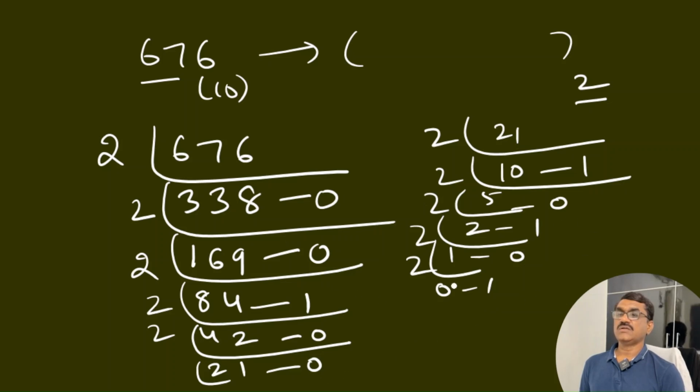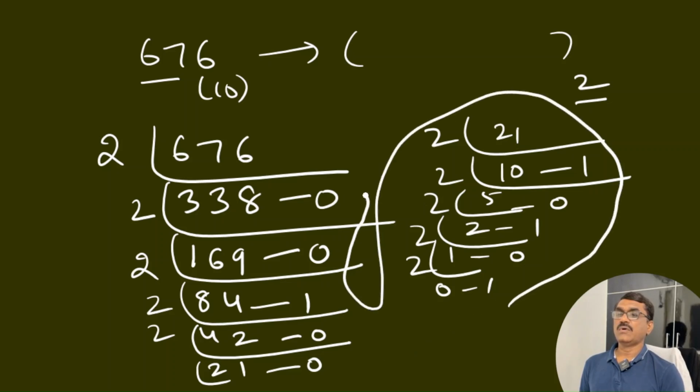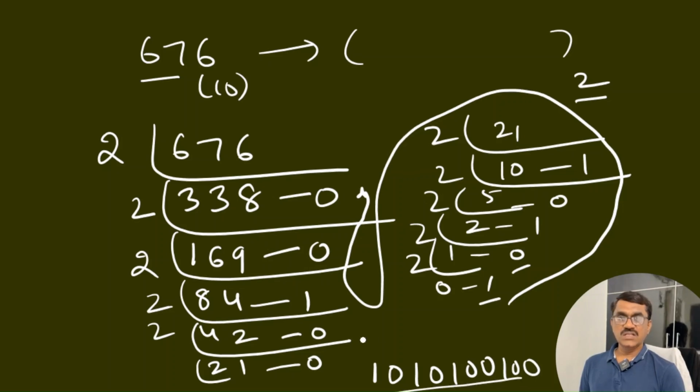These are the values we write. So how to write the binary equivalent? From the bottom you come up: first write 1, next 0, 1, 0, 1, 0, 1, 0, 0, 1, 0, 0. This is the way of finding the binary equivalent.